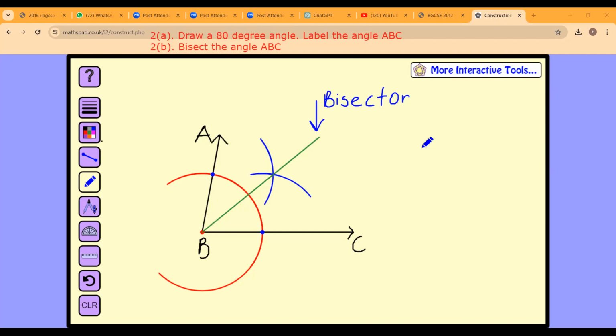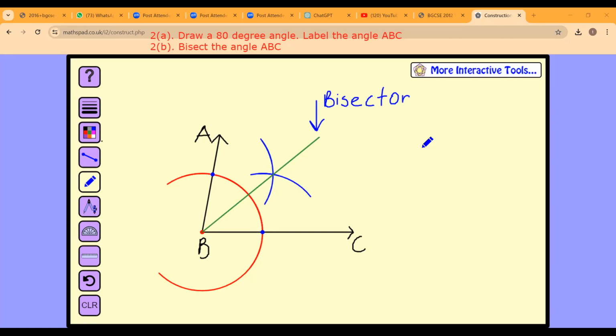After that, we took our compass, put it on point B, and drew an arc across lines AB and BC. Then we went to the point where the arc intersects and drew another arc.